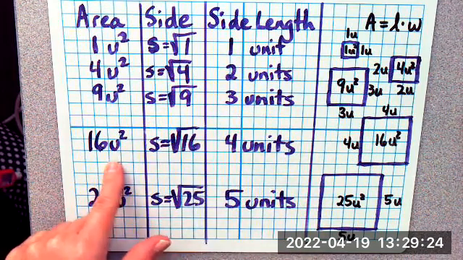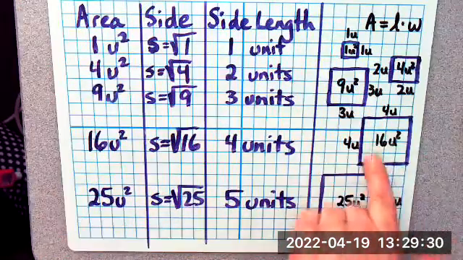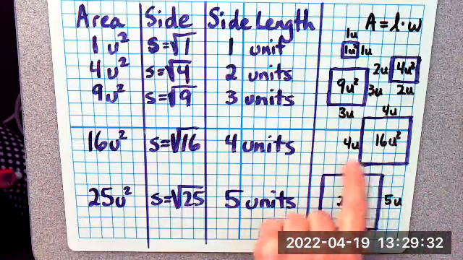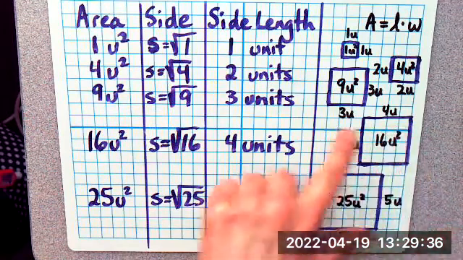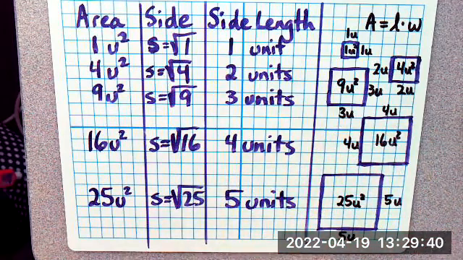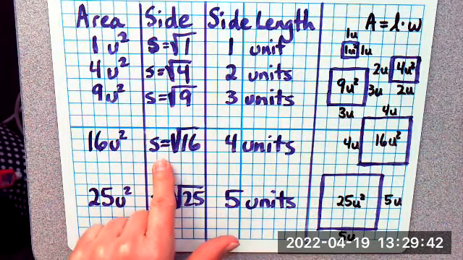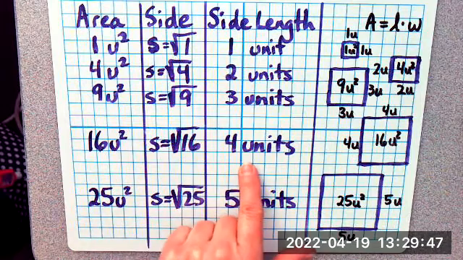If we look at 16 units squared, one side is 4 units and one side is 4 units for our length times width. So the side length equals the square root of 16, which is 4 units.